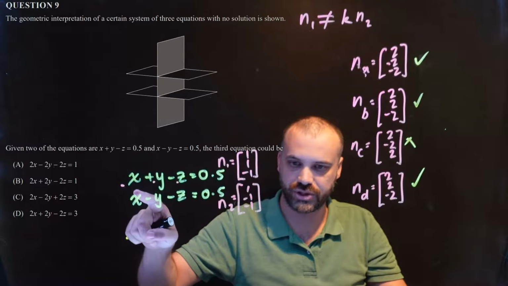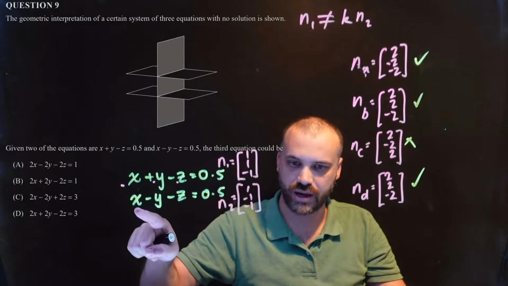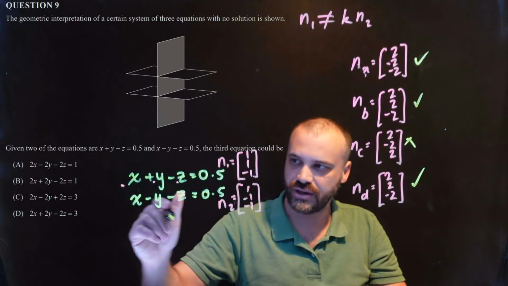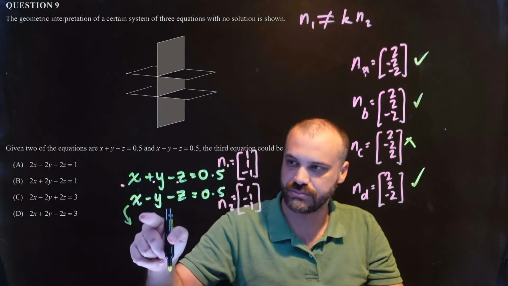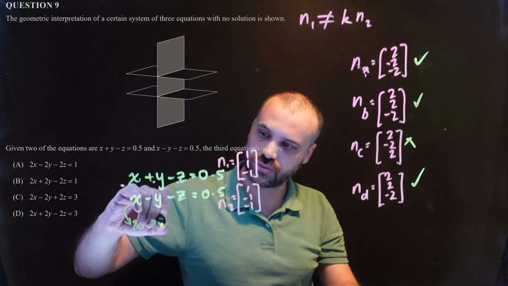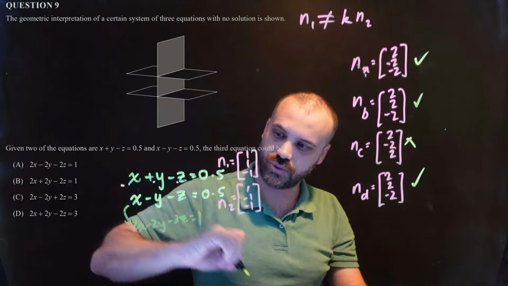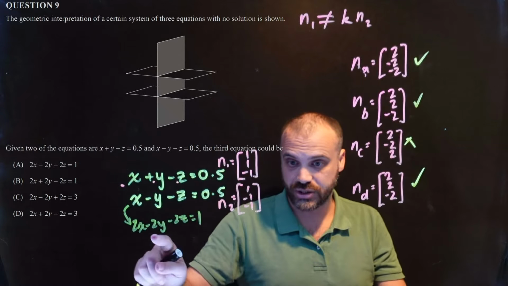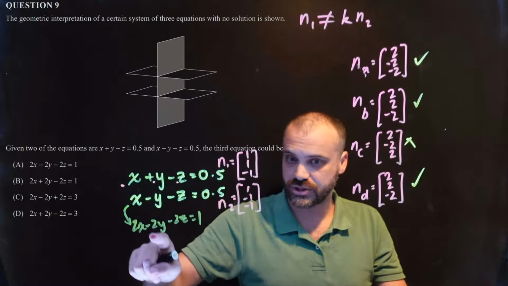And then look at our original ones. 1, negative 1, negative 1, 0.5. If I take this and just multiply everything by 2, 2x minus 2y minus 2z equals 1, I haven't changed the equation. It's exactly the same equation. And it's also this equation.